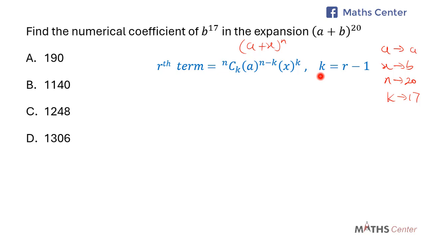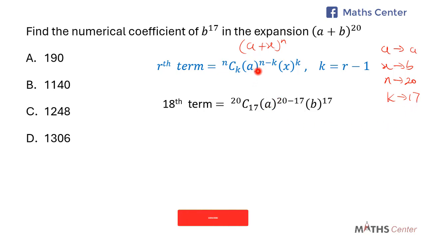So the 18th term will be equal to n is 20, combination k is 17, a exponent n, which is 20 minus k, which is 17, times x, which is b exponent 17. Let's simplify this. 20 combination 17 is 1140. 20 minus 17 is 3, so we are going to have a exponent 3 times b exponent 17.